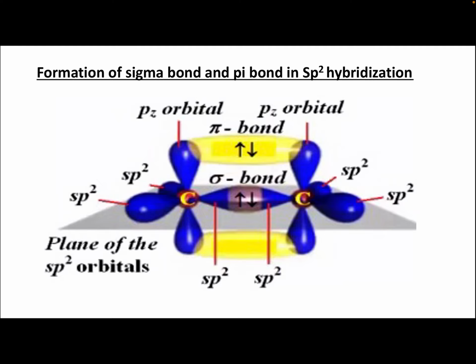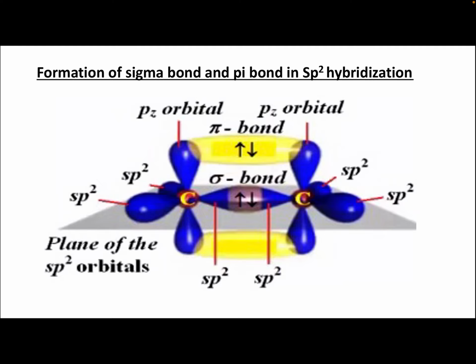Here we see the formation of sigma bond and pi bond in sp2 hybridization. You see the blue color, the sp2 overlap in the middle, and a sigma bond is formed. The pz orbital is also shown in blue. Actually there are 3 sp2 hybrid orbitals.